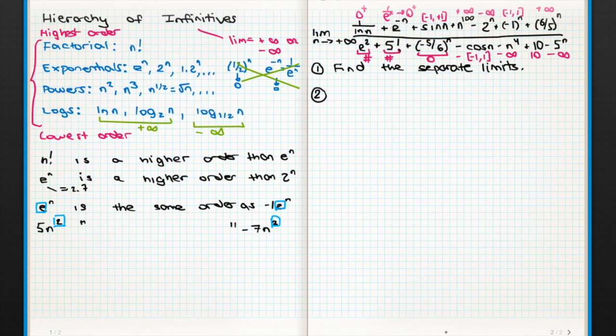If we start going from left to right, we have a limit of 0 plus another 0 plus. So right now, between 1 over ln and e minus n, we have so far a limit of 0 plus 0 plus, which is still just 0 plus. Then if we keep on going, we're adding a number between minus 1 and plus 1.